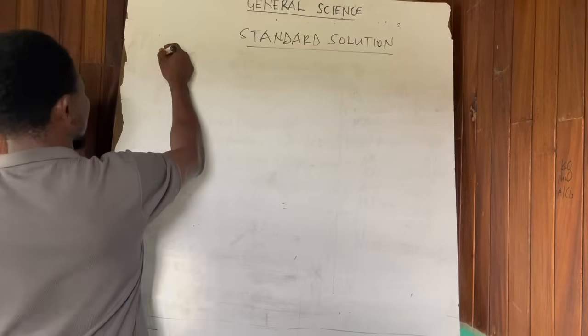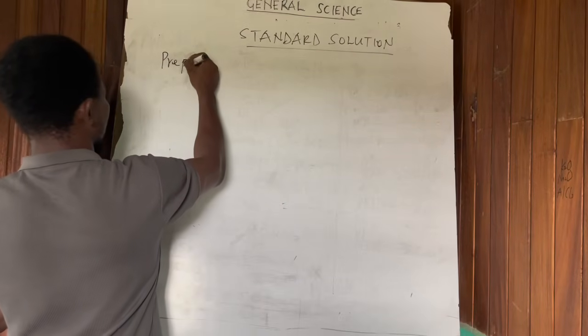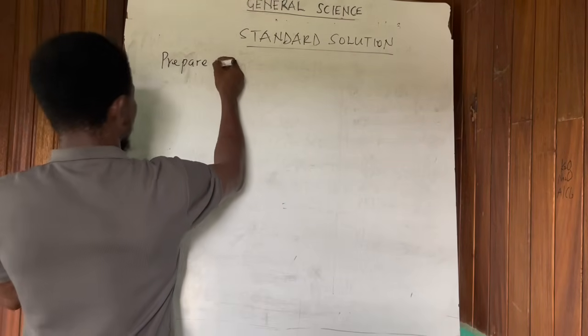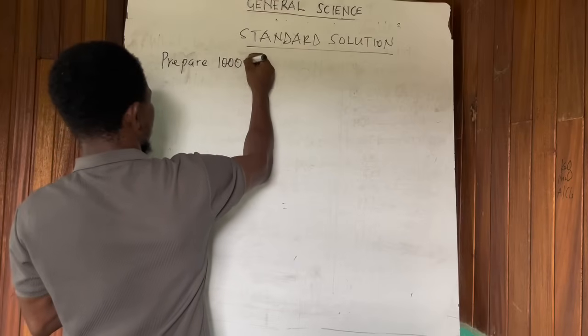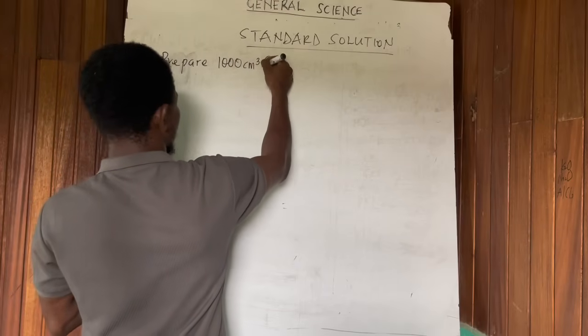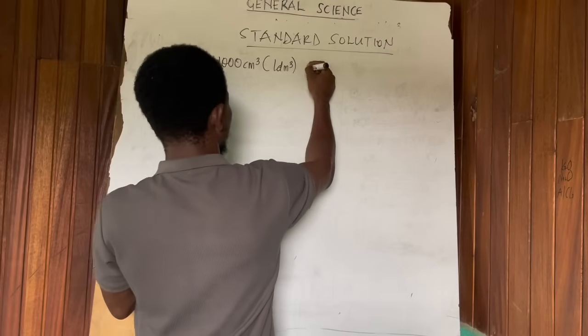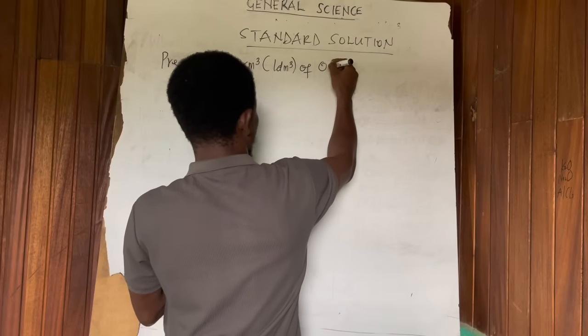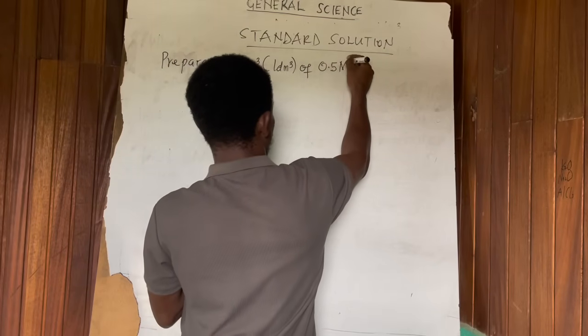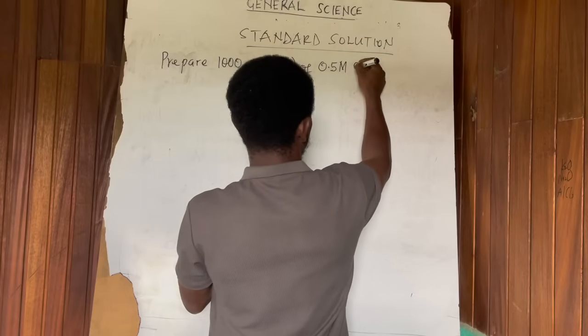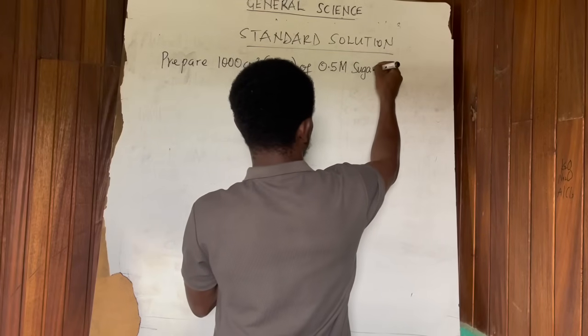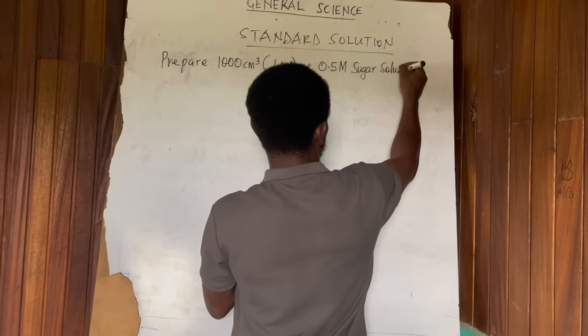So we have to prepare 1000 centimeters cube, 1 dm cube, of 0.5 molar sugar solution.